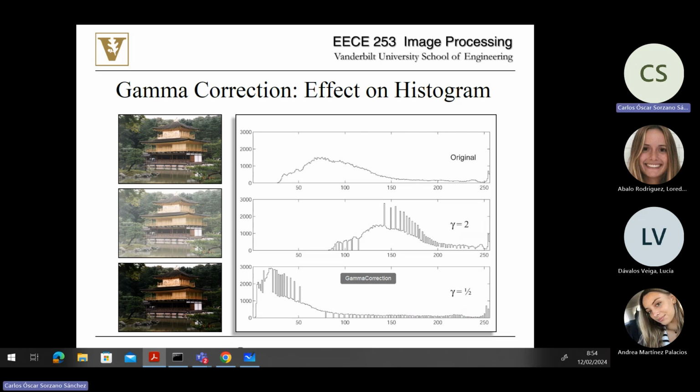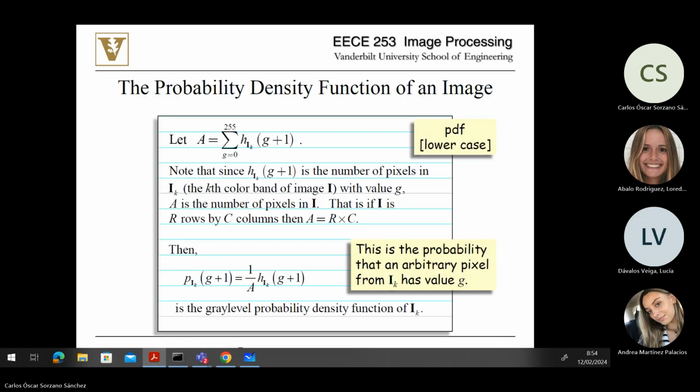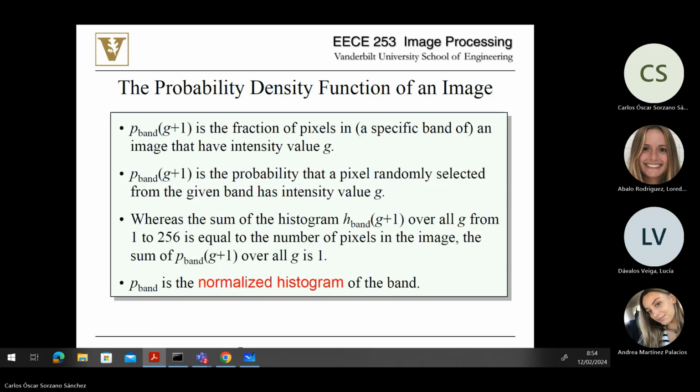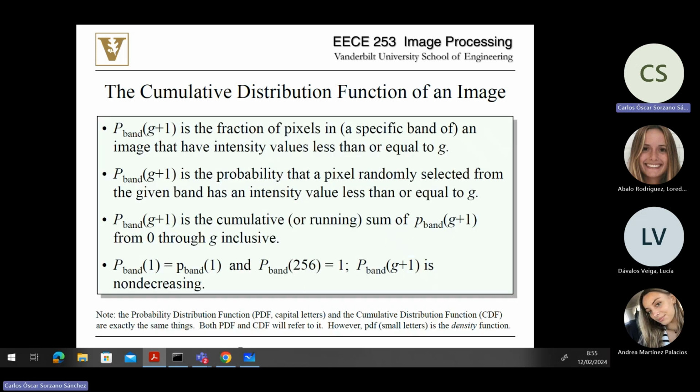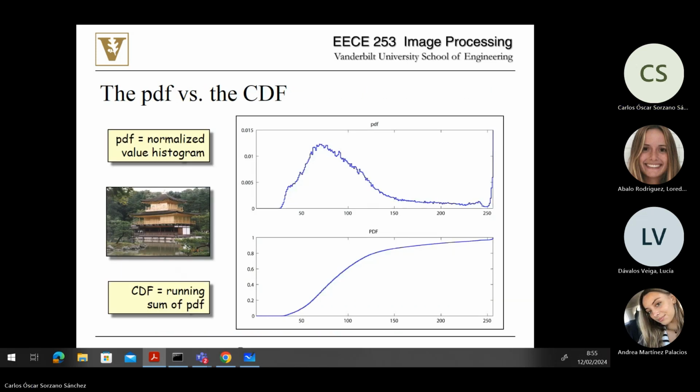Any question? Okay, this is a reminder of what the PDF is. So these are reminders, the same slides as the ones we had before. And this is an example. We have seen this is the probability density function.